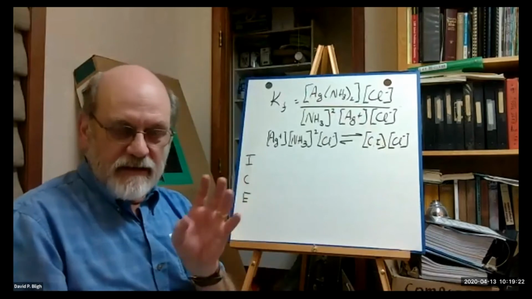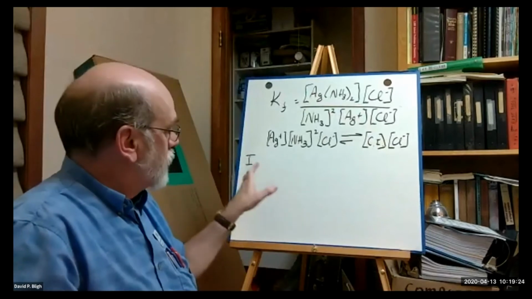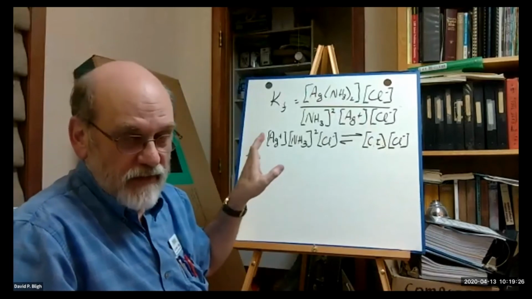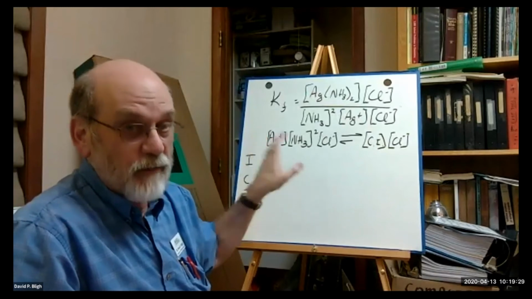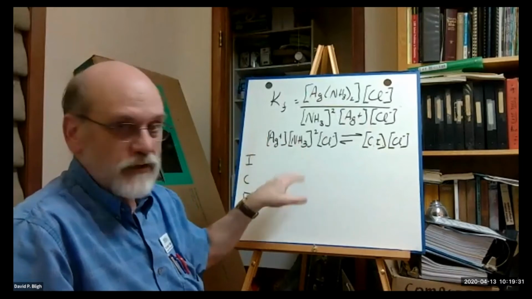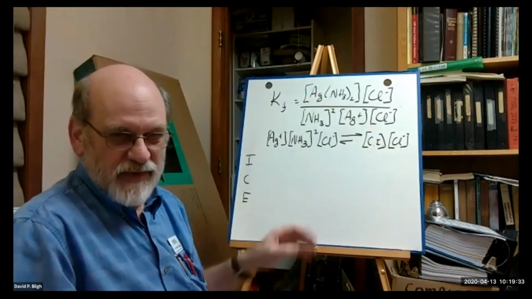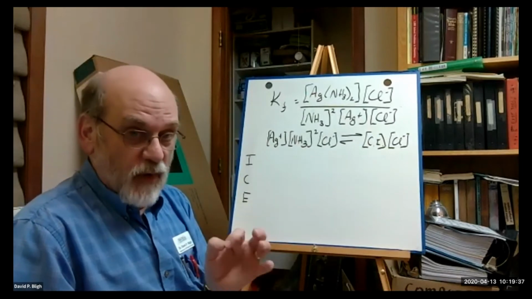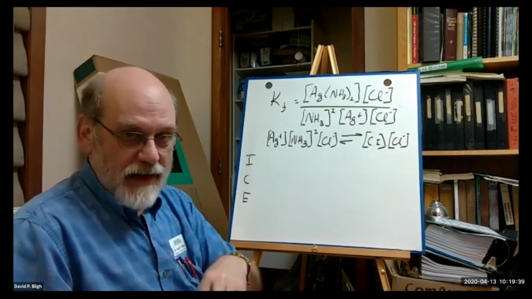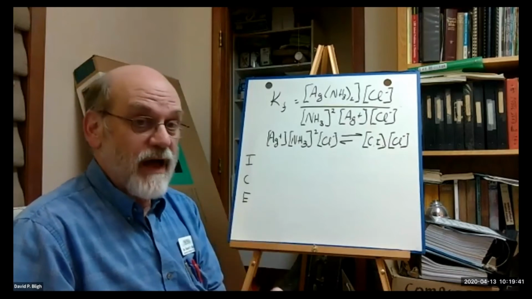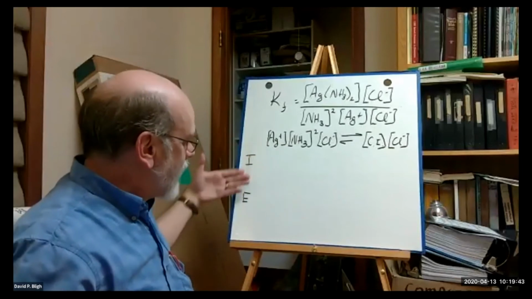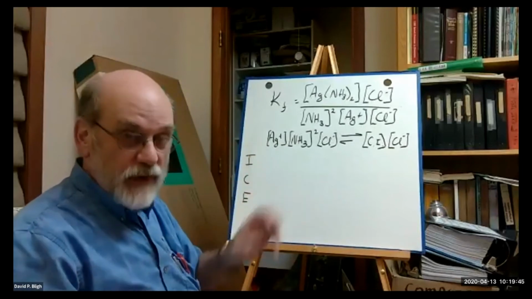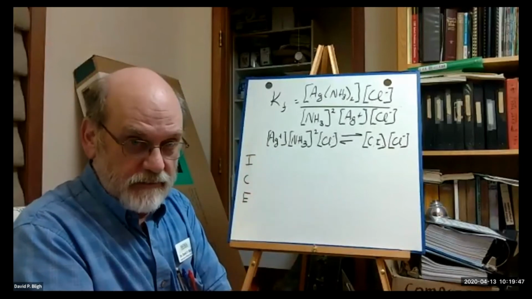Now, remember what I said. We needed to know the concentration in the Erlenmeyer flask in order to do this calculation. But that can get pretty unwieldy. It's easier at this point to use absolute, actual amounts. And then once we've got the actual amounts at equilibrium, we calculate the concentrations. Right?